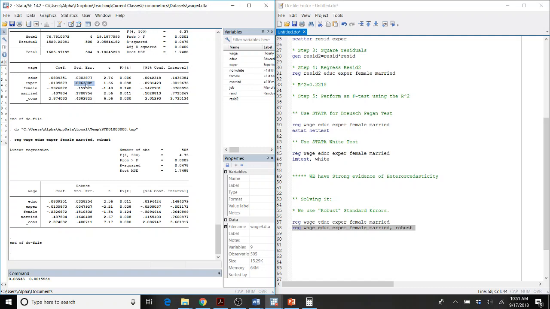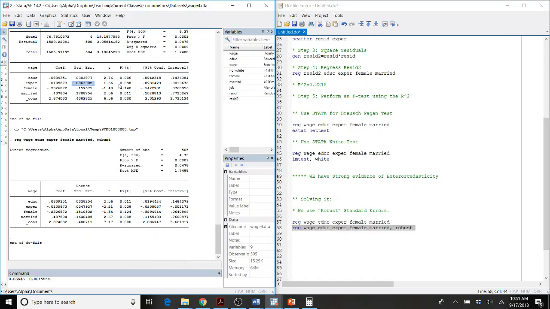That means it's too big. The standard error is too large. It's biased upwards. If the standard error is biased upwards, then the t-statistic will be biased downwards, and we will find that it is less significant than it actually is. All right, so if the standard error is biased upwards, then we will find it to be less significant than it actually is.